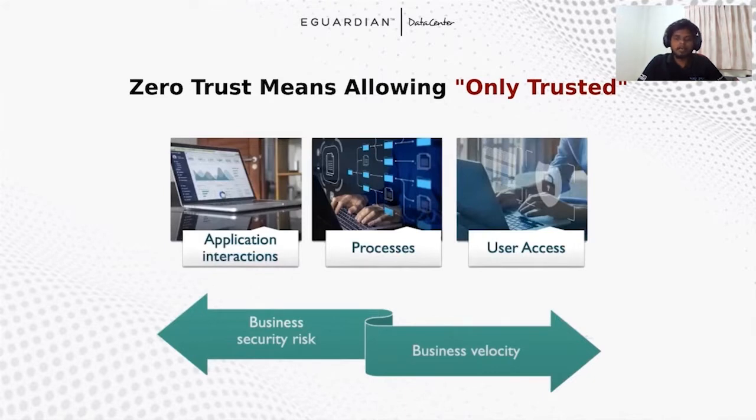The other part is how you do it without disrupting business velocity, because a completely airtight system will give you all the security you need, but not the business velocity you are wishing for. On the other side, an environment which allows everything to connect to everything would have all the business velocity you require, but it will pose a bunch of security risks. So we provide a platform that helps people get that right trade-off.